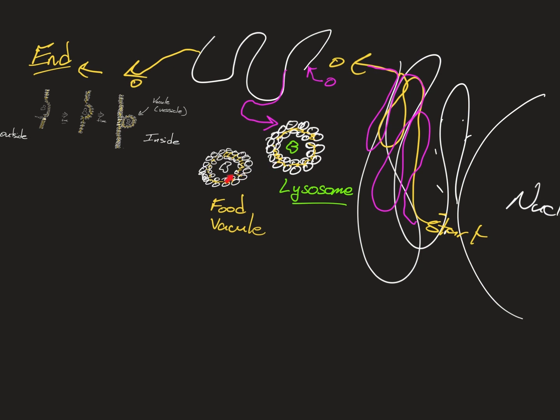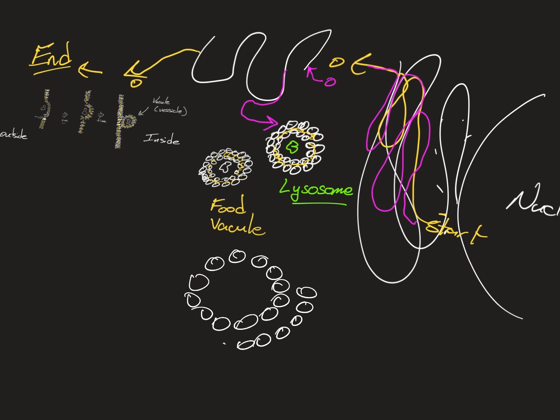When it meets up with the food vacuole, they fuse. So you have one common vessel. Now they have one big vesicle with food and lysosome because they fused together.